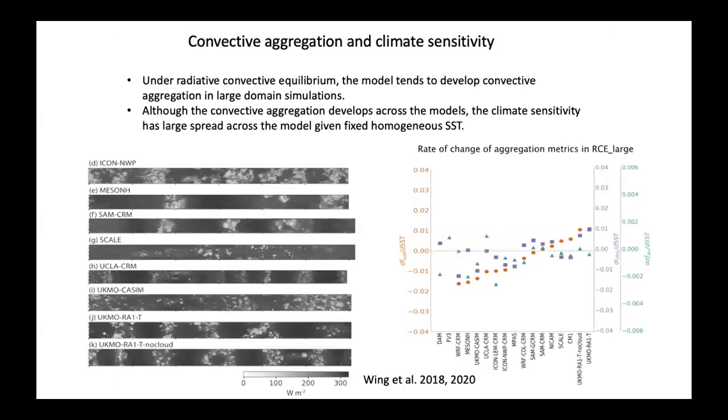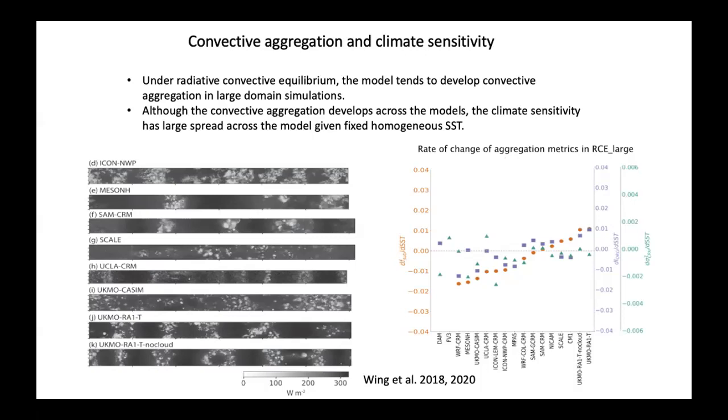Recently, Wing et al. 2018 and 2020 proposed a radiative convective equilibrium intercomparison project. In a large enough horizontal domain, the model tends to develop convection aggregation as shown in the lower left panel.